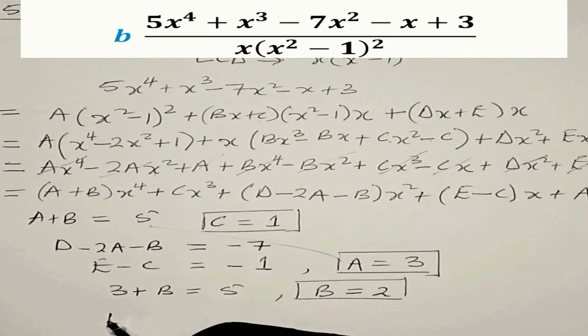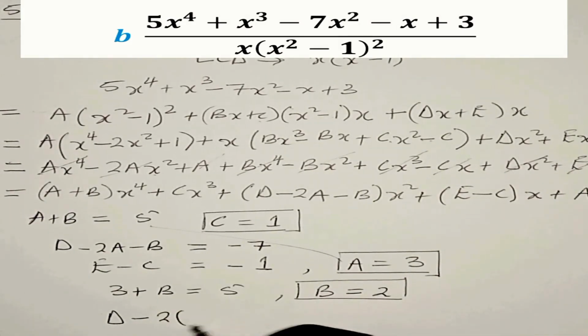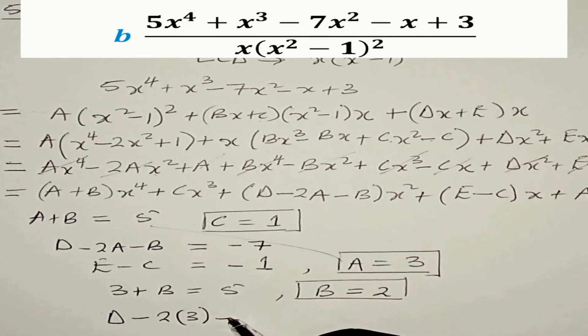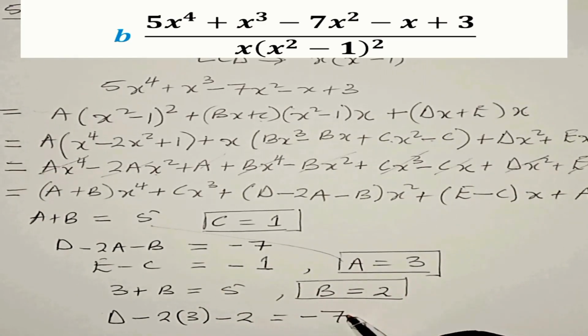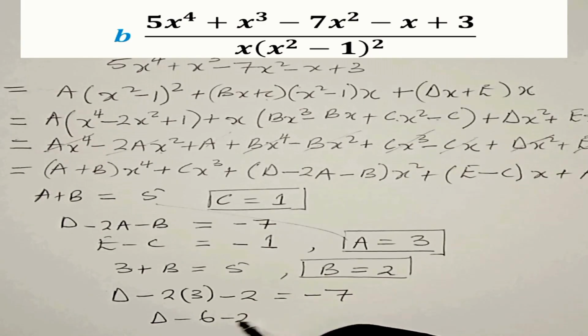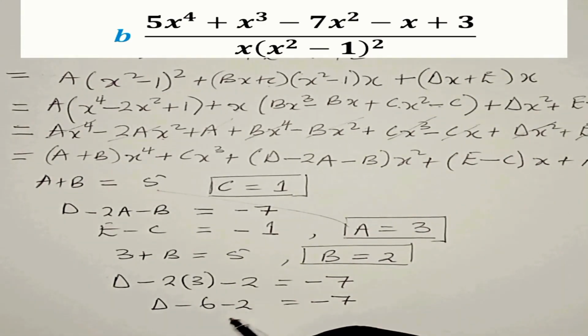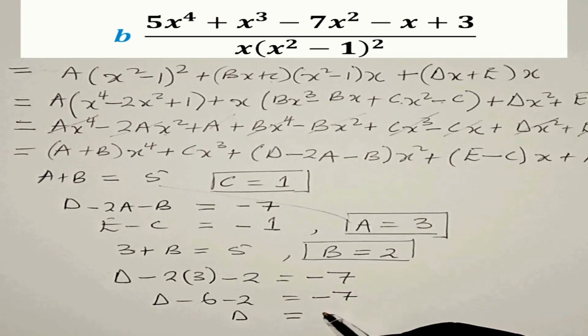Then we say d minus 2a. So we have 2, a is 3, so it's 2 multiplied by 3, minus b is 2, is equal to minus 7. Then we say d minus 6 minus 2 is equal to minus 7, minus 6 minus 2, you get minus 8, minus 8 crosses over, you have 8 minus 7. Then we say d is equal to 1.